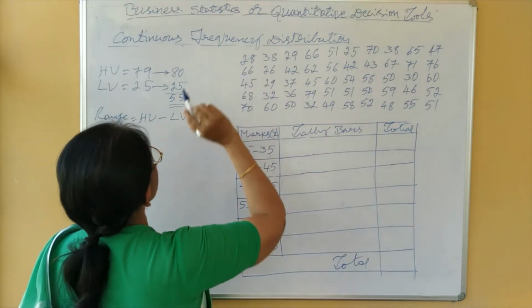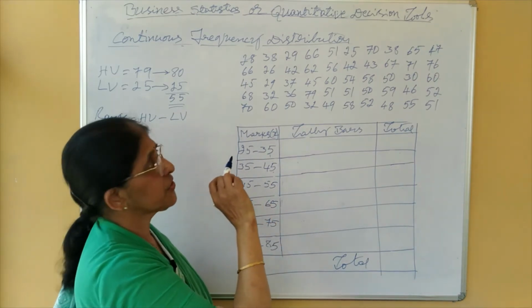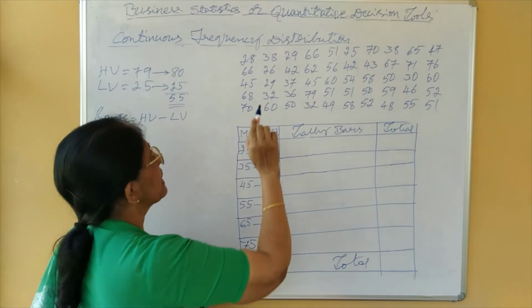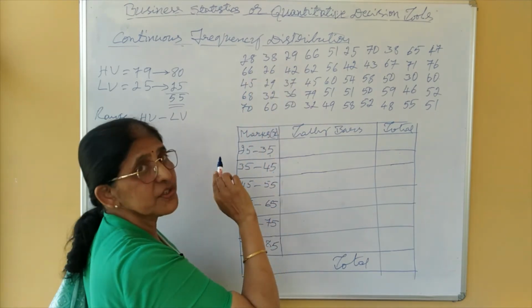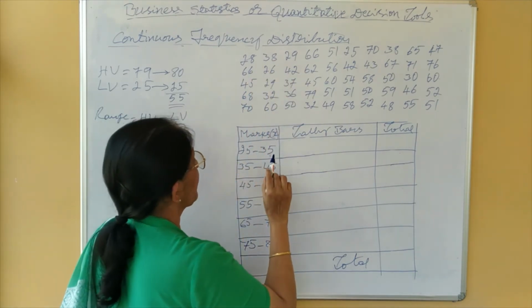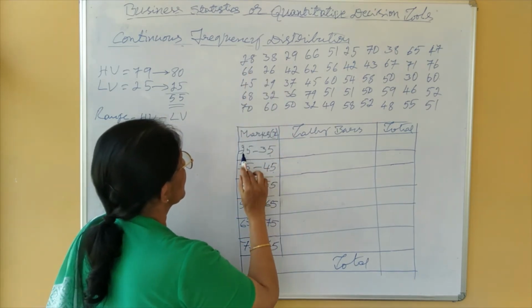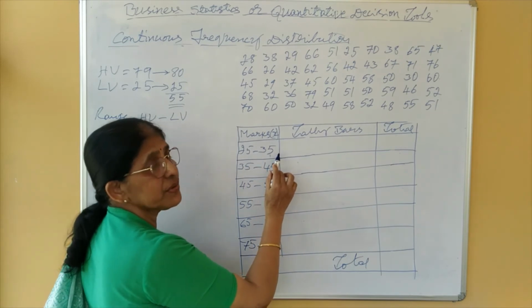In case of discrete frequency distribution, we put a tally bar corresponding to each value of the variable. Here, in case of continuous frequency distribution, we have to put a tally bar corresponding to each class. Now, 28 lies in the class 25 to 35.